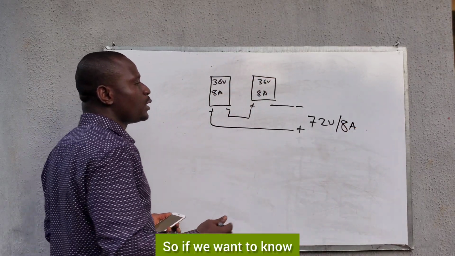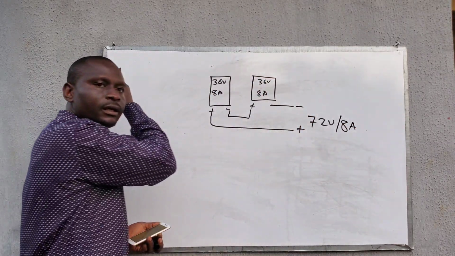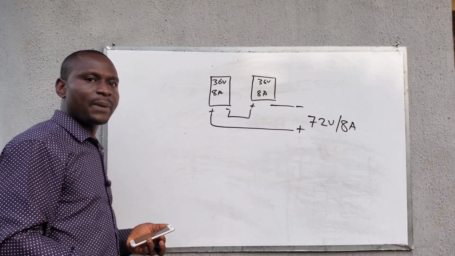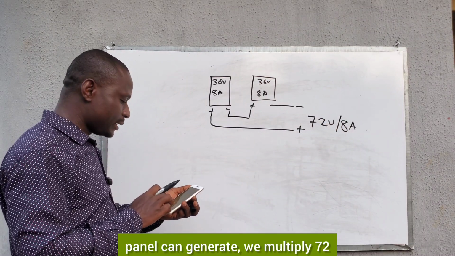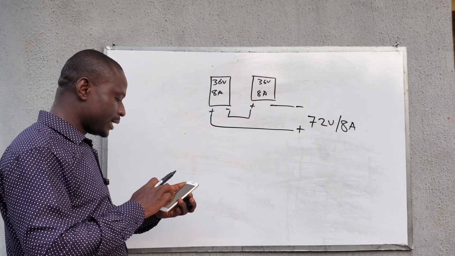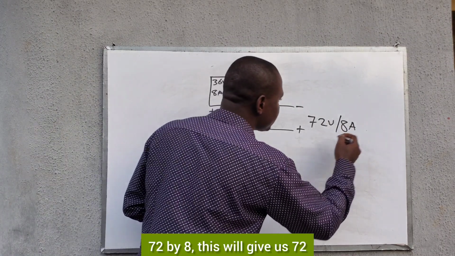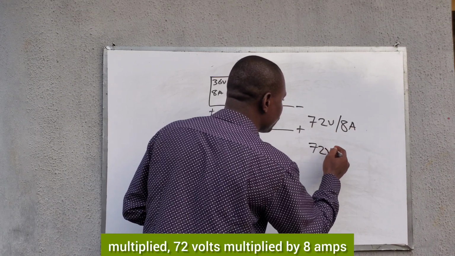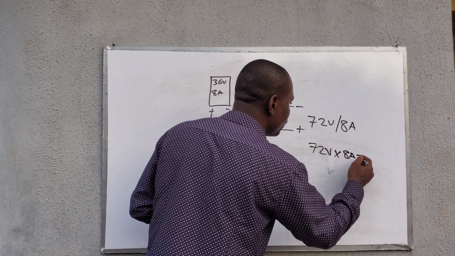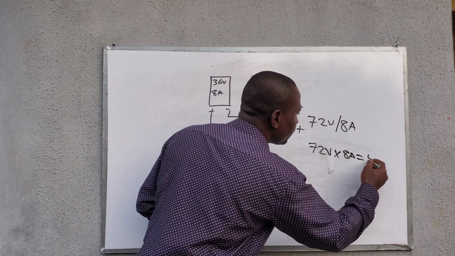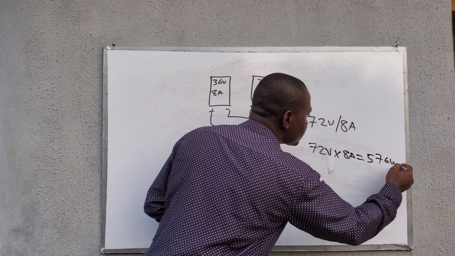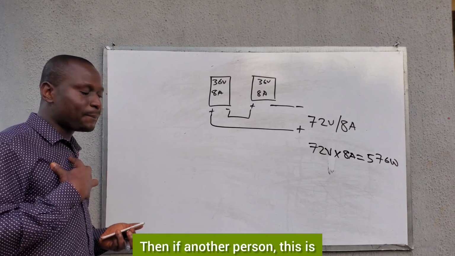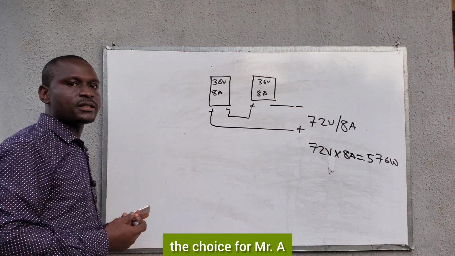If we want to know the power this panel can generate, we multiply 72 volts by 8 amps, which will give us 576 watts.